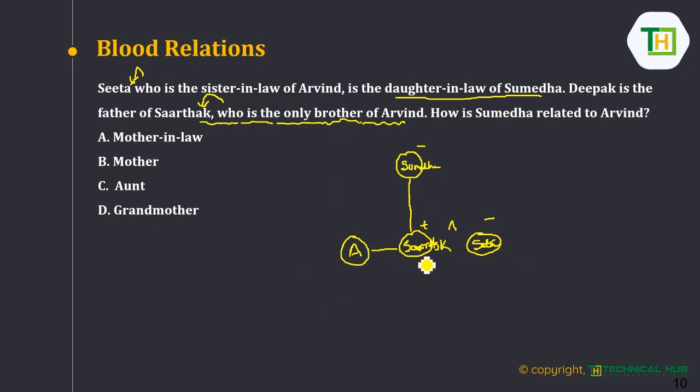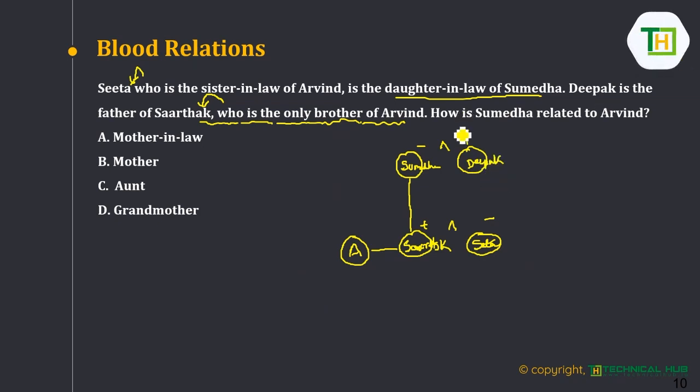So Sarthak is the only brother of Aravind. Aravind's brother is Sarthak. And Deepak is the father of Sarthak, so Sarthak's mother is Sumedha. Deepak, the father of Sarthak, means Sumedha's husband. Sumedha's husband is Deepak.